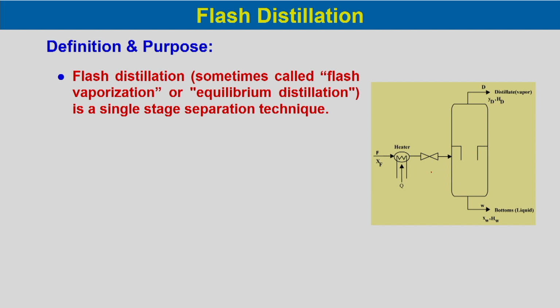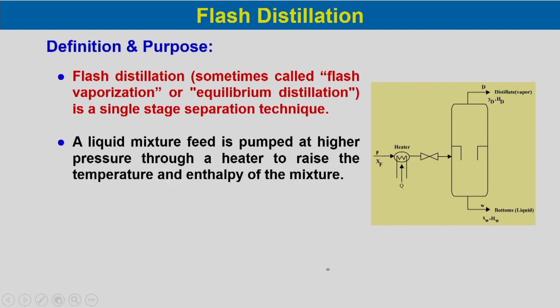In this case, you have only one steel vessel, and you feed into that, and you get the distillate at the top and the bottom products. What happens is that a liquid mixture, the feed, is pumped at higher pressure through a heater.